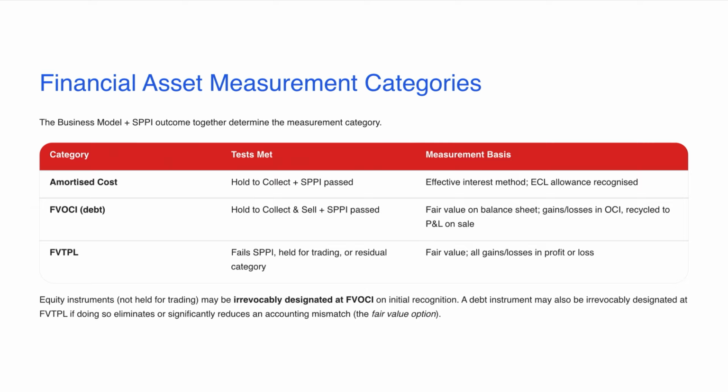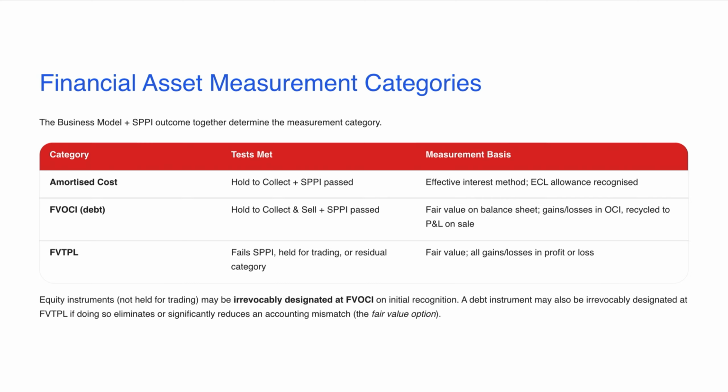And third, FVTPL. This is the fair value category. Changes in fair value are recognized in profit or loss. There is also an important point about equity instruments. Equity investments that are not held for trading may be subject to an irrevocable FVOCI election at initial recognition.